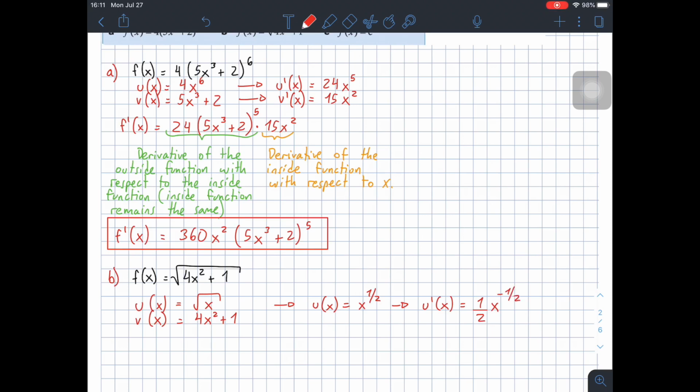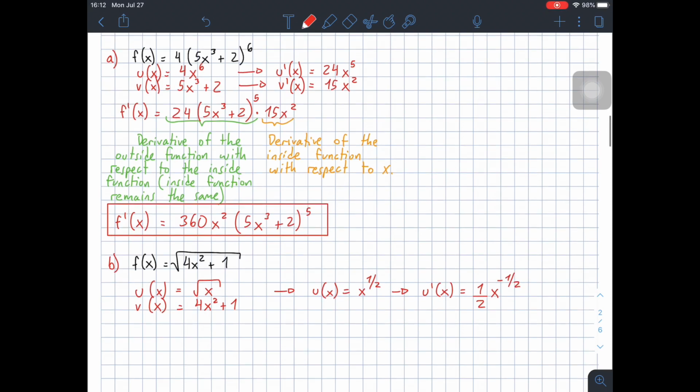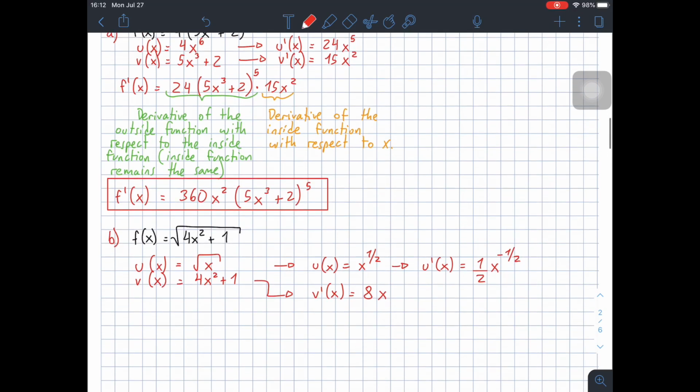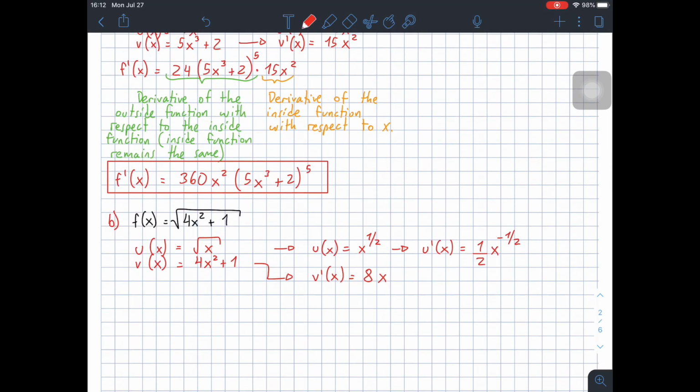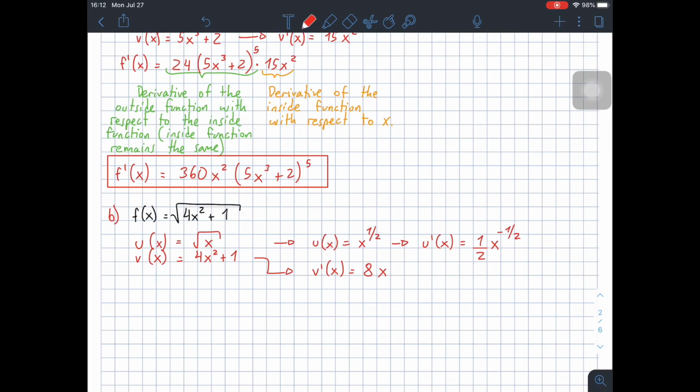Okay, that's the derivative. And for v of x, v prime of x, in this case, would be 8x plus 0, so we don't need to write that down.